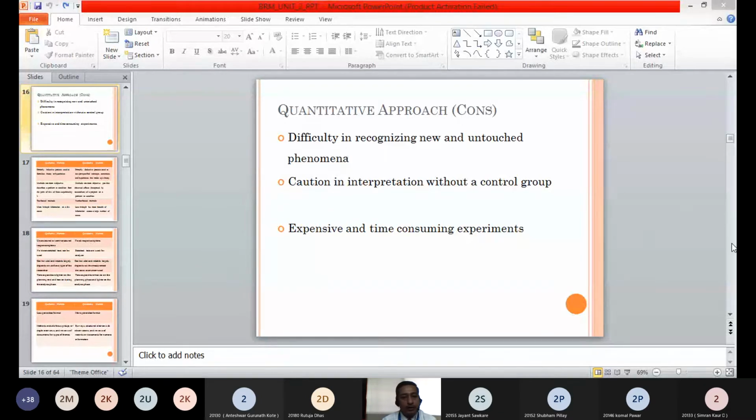Are you there? Shubham? Yes, sir. Can you just explain in your own words what you understood by this inductive method or deductive method? The first point of difference which we have discussed. Anything, or if you have not understood, tell me to repeat it once again. We'll discuss it once again till you understand.